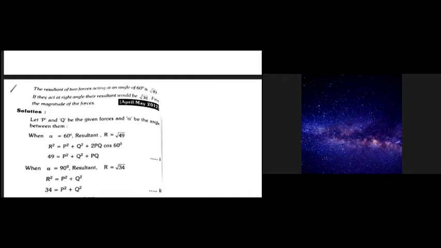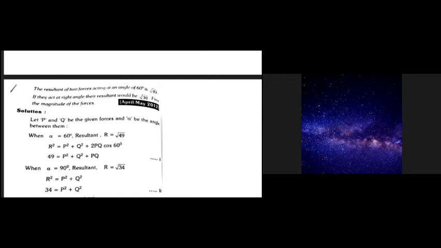So the question is, the resultant value of the two forces when they act at 60 degrees is root 49, and if they act at right angle, meaning 90 degrees, the resultant value will be under root 34. Find the magnitude of the forces.